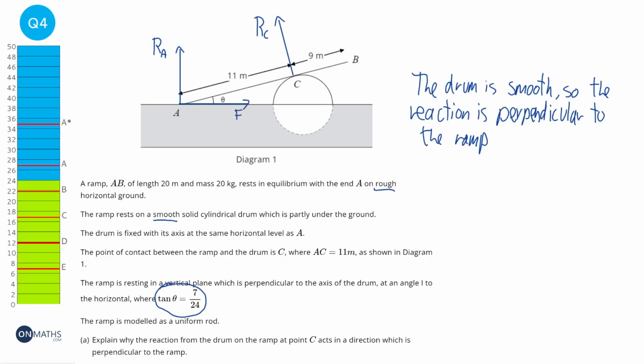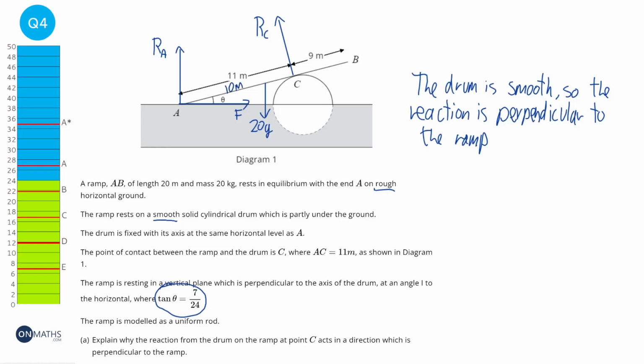Just label that as F. We're also told that the ramp has a mass of 20 kilograms, and it's 20 meters long, so that's going to be acting on the ramp in the middle, somewhere here, and it's 20g, and that will be acting 10 meters into the ramp.